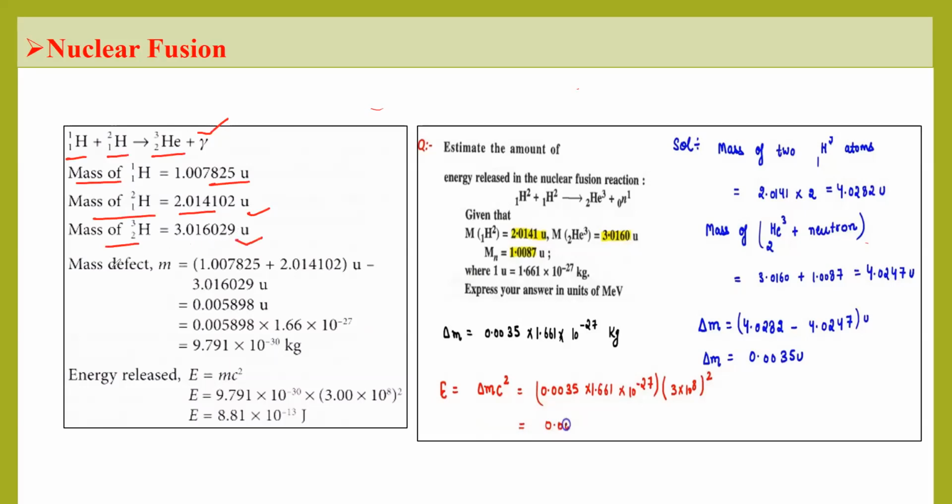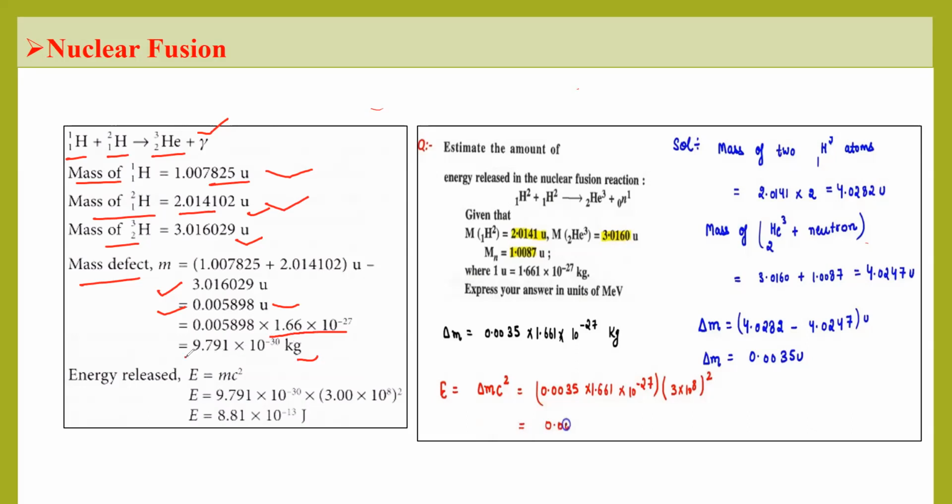3.0160929 unit. Now we have to calculate the mass defect. What is the mass defect? It is the mass of reactants, meaning the small nuclei, 1.00785 plus 2.01410, minus the mass of the product nucleus, 3.016029. It comes to 0.00589 unit, and if you want to calculate it in kg, we multiply it by 1.66 into 10 to the power minus 27 kilogram.